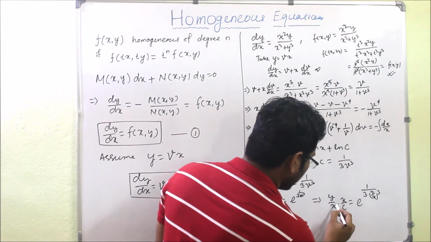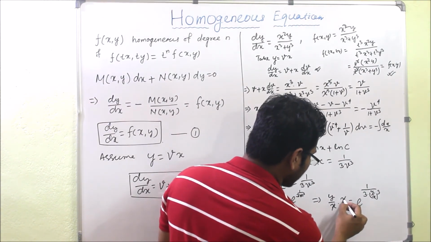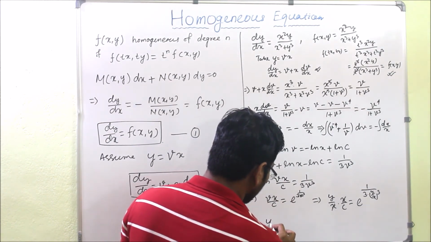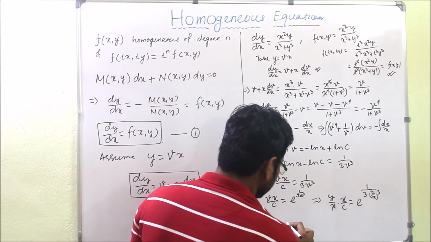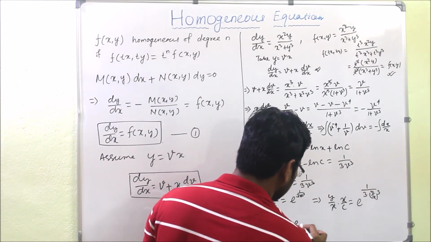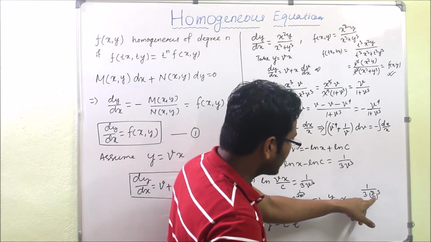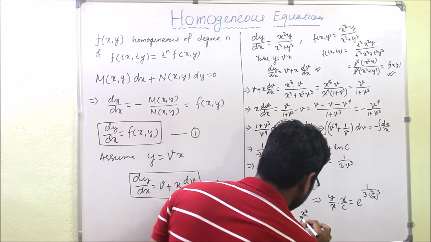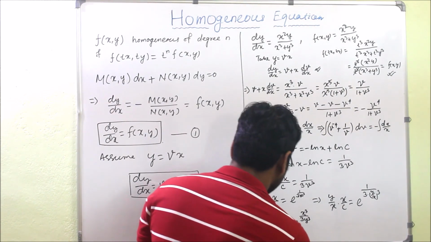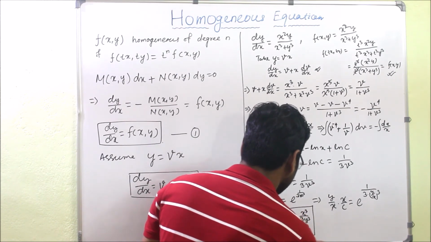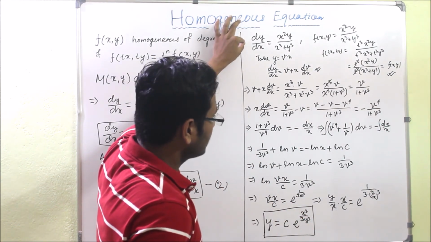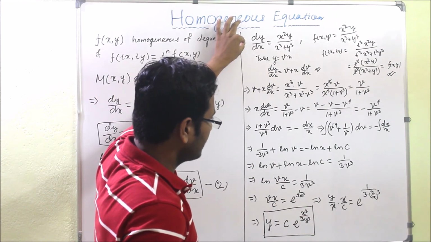Now from this we can cancel out x. So finally y will be c times e to the power, this x to the power 3 will go up, so it will be x cube by 3 y cube. So this is our final solution of this differential equation.